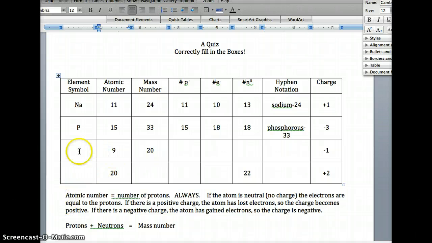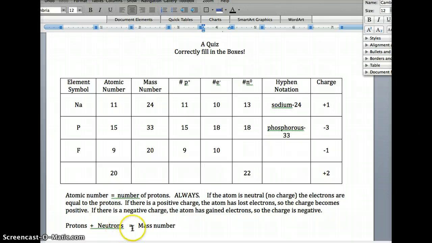Next row is a little easier because we're given the atomic number. It's 9. That means the element is fluorine, so an F. You can tell by the atomic number. If the atomic number is 9, the protons are 9. The electrons would be 9 if the atom's neutral. So is the atom neutral? I don't know. Let's take a look. -1, not neutral. So if it's negative, you've gained electrons. So you'll have 10 electrons since you've gained 1 due to the -1 charge.